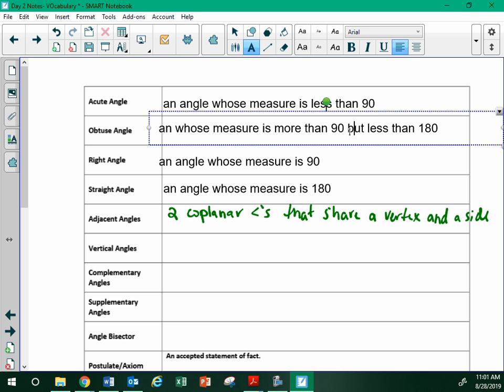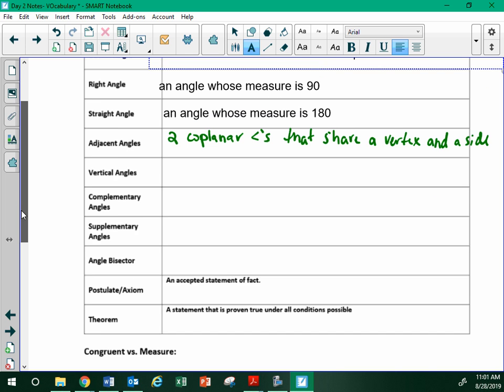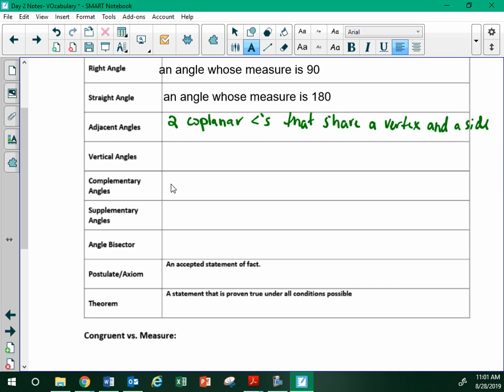Okay, so let's talk about complementary and supplementary. You guys already know those, right? Quickly with your shorter partner, do those two. What are complementary angles and supplementary angles?